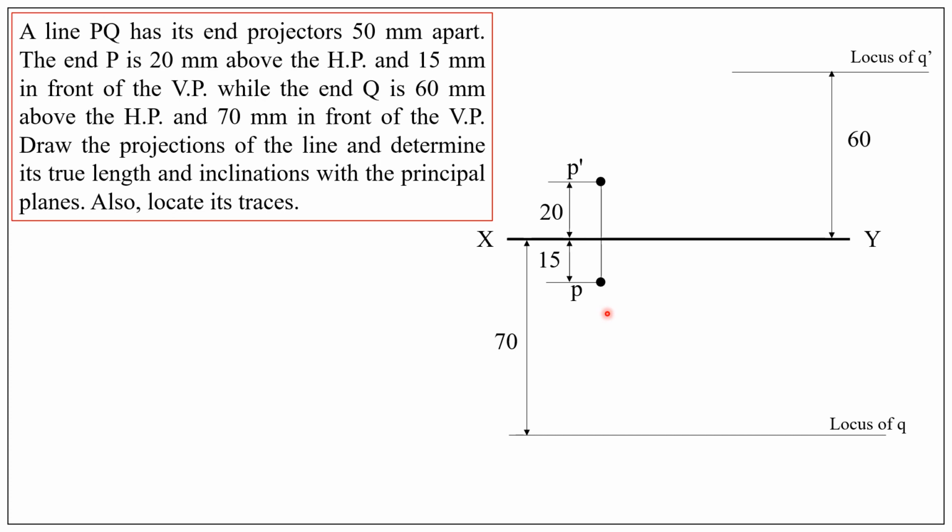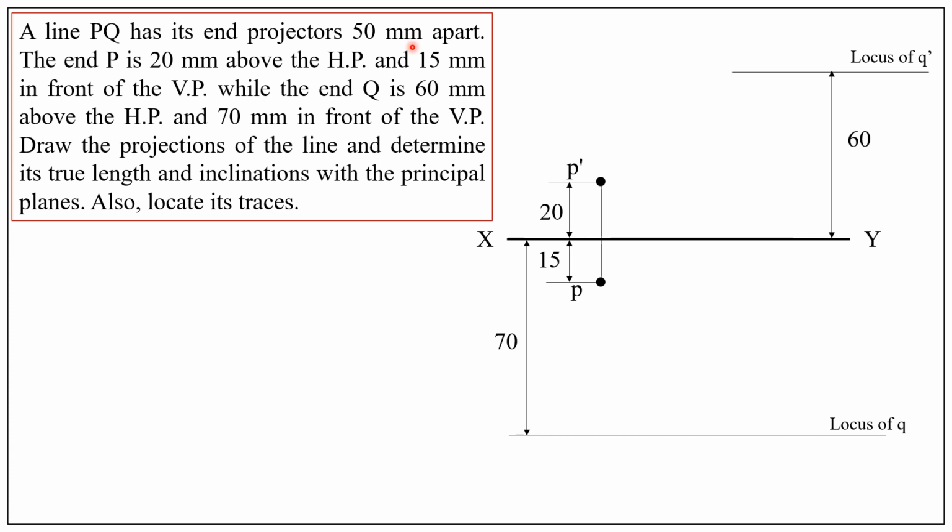To complete the projections, make use of the data, end projectors 50 mm apart. So what is an end projector? The line has two ends, and one of the ends, point P, is projected as P dash and P in front view and top view respectively.